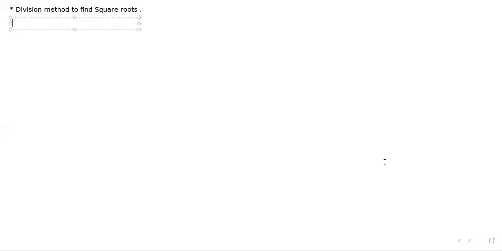Taking an example, a simpler example. Find the square root of 529 using the division, or the long division method.